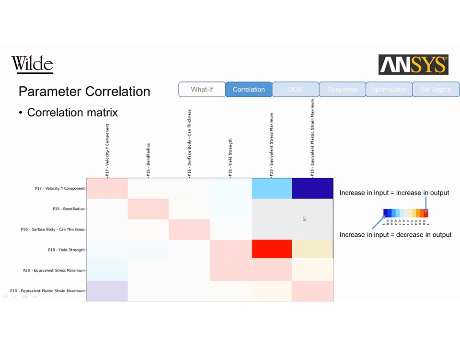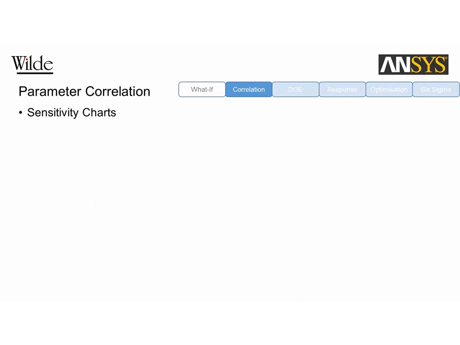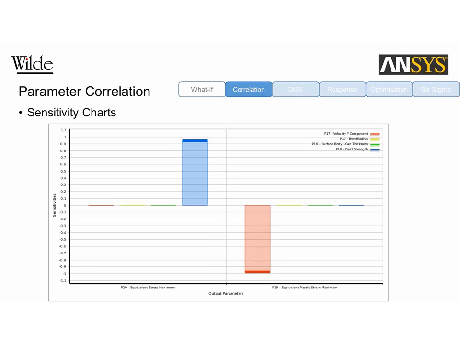So straight off the bat, we know these two are the driving parameters. The geometric parameters have no effect because if you look at them, they're in the gray area, and the numerical value associated with them is nearly zero. So again, the closer you are to positive or negative one, the stronger the relationship between the input and the output. You can look at this via sensitivity charts also.